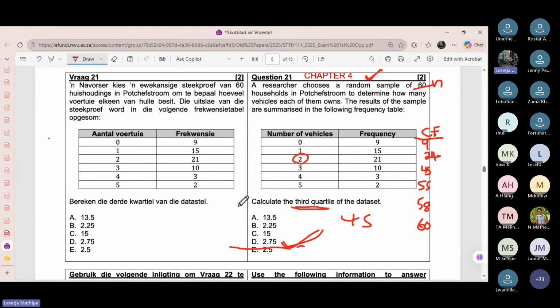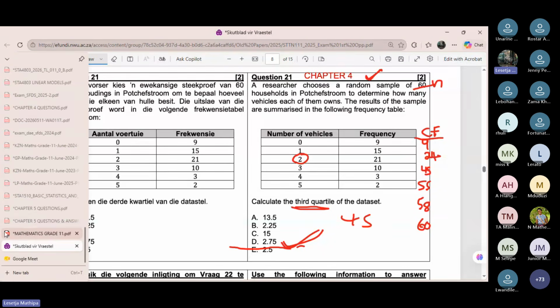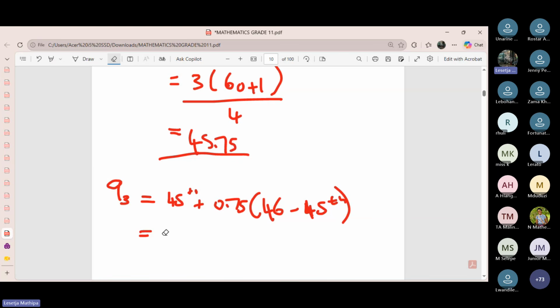So at the end, I got those two values. I use this formula here: 2 plus 0.75 into 3 minus 2, because position 46 gives 3 and position 45 gives 2. That's when you're going to get 2.75.